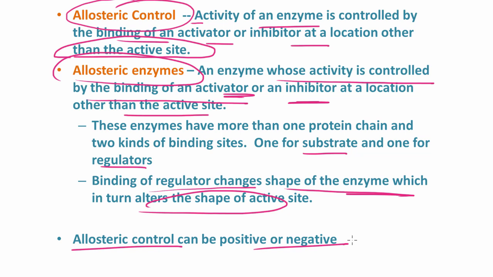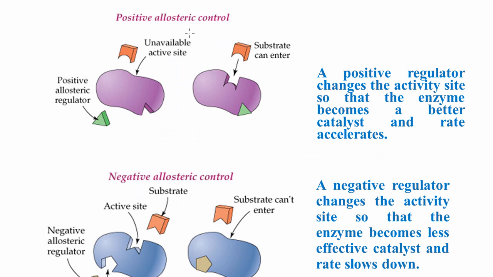So allosteric control can be either positive or it can be negative. Let's see what this means. So positive allosteric control. So we have this enzyme, and let's say the active site is not available. So a positive allosteric regulator, this molecule, right, it will bind to a site on the enzyme.